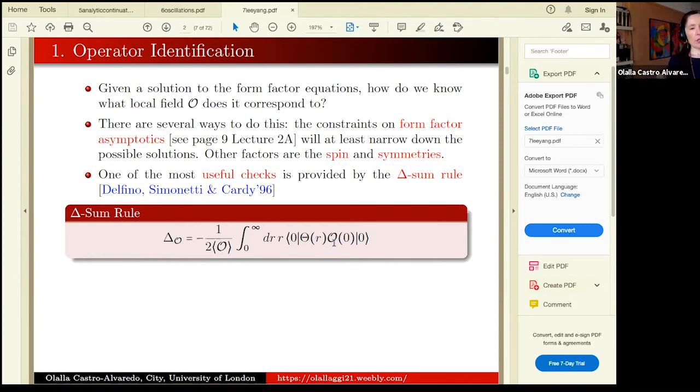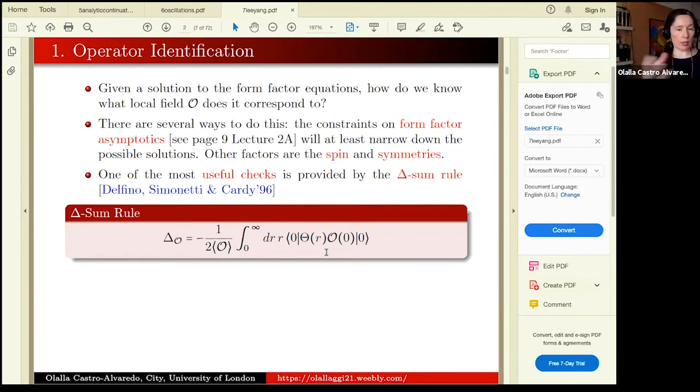In other words, this delta sum rule relates a quantity that is defined in the gap theory, in the massive regime, to a quantity which corresponds to the ultraviolet regime, to the mass going to zero regime. So this is a very powerful way of identifying operators. Suppose that I know the form factors of O, but I don't know what O is.